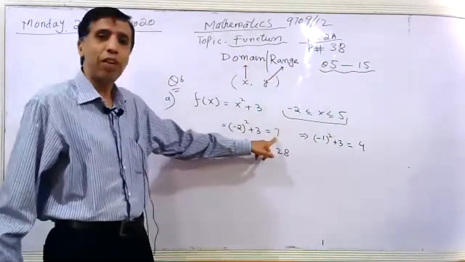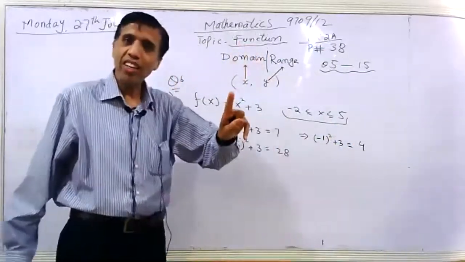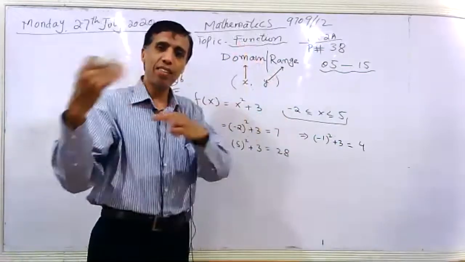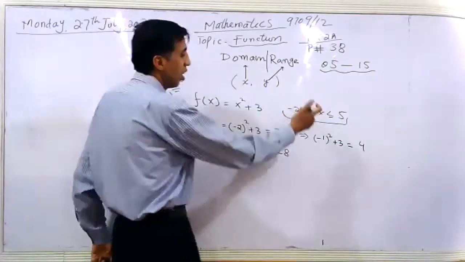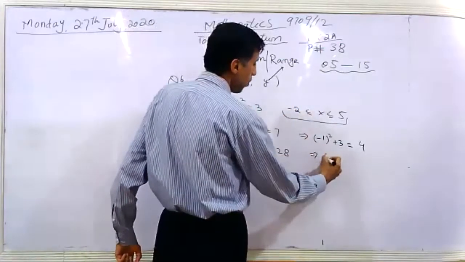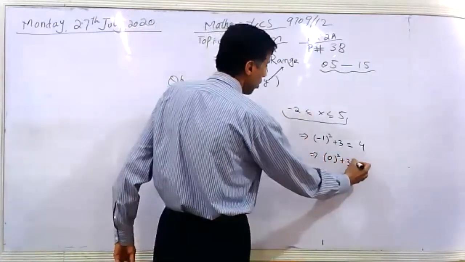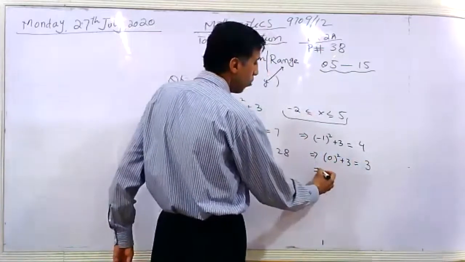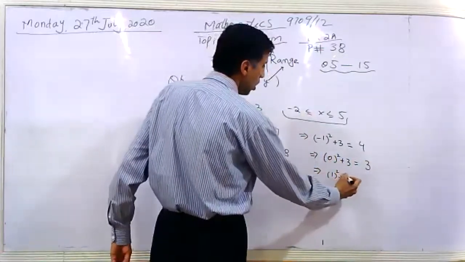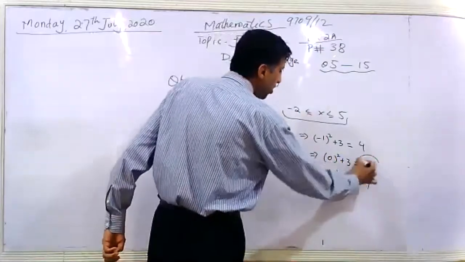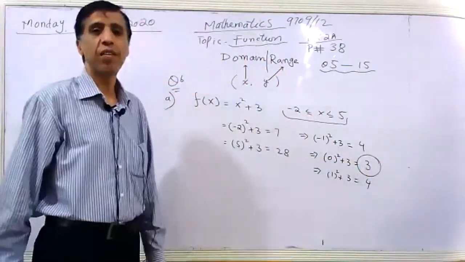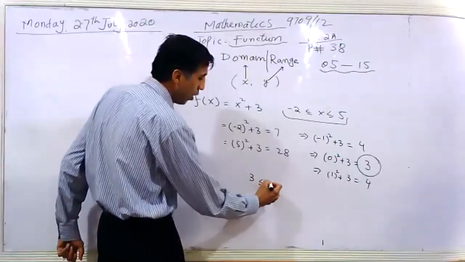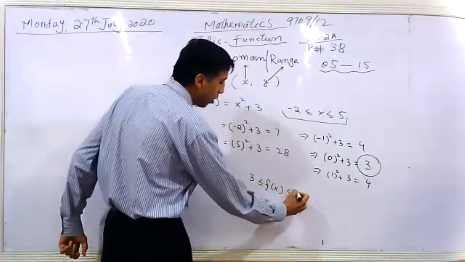This is not the minimum value. We have to write the final answer as a range. The first is the minimum and the second is the maximum value. Again keep 0, it is 3. If you keep 1, it is 4. It means the minimum value is 3. So my final answer I will write: 3 less than or equal to f of x less than or equal to 28.